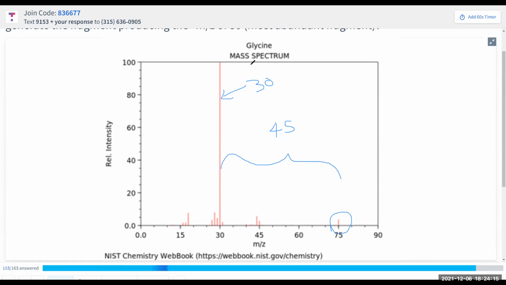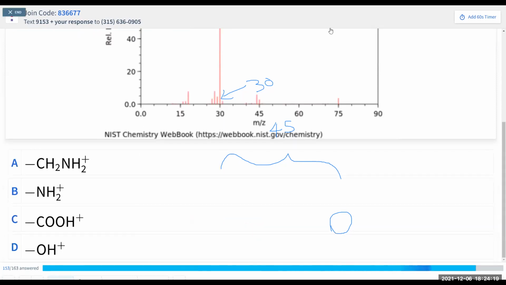Let's go back to our options and start counting. The first one has one carbon, which is 12, one nitrogen, which is 14, and 4 hydrogens. So 14 plus 12 is 26, 26 plus 4 is 30. This is 30, not 45, so A is out.